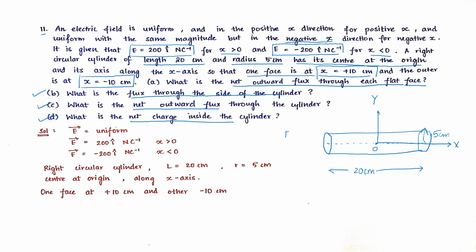This one is face 1. This one is face 2. And the other one is the curved surface area, which will work as our face 3. Face 1 equals face 2, both are circular in nature.